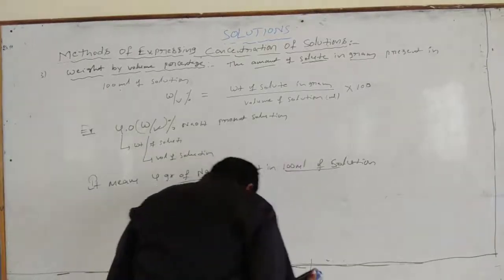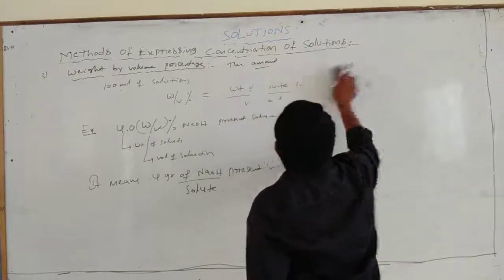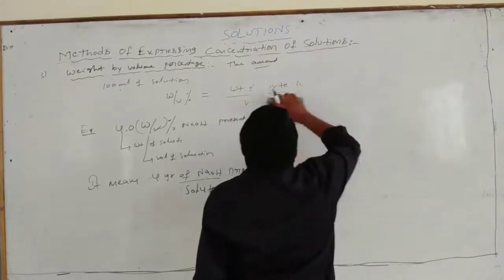Next one is ppm, parts per million. That is the last expression of concentration in the physical method.